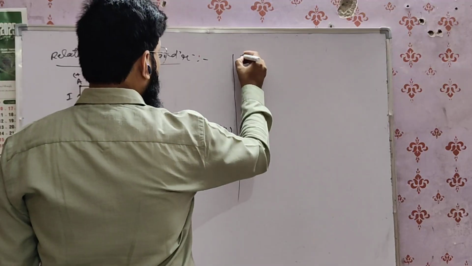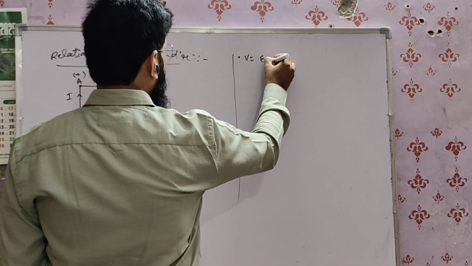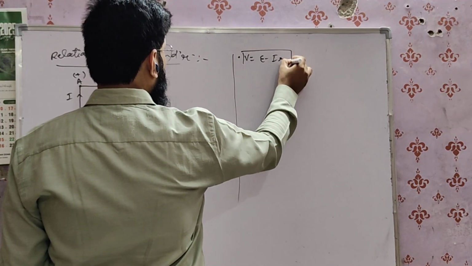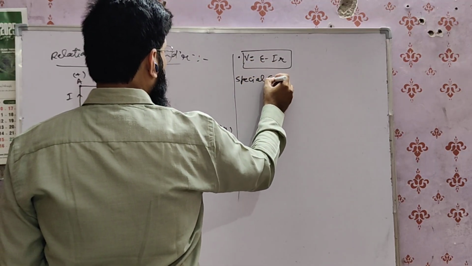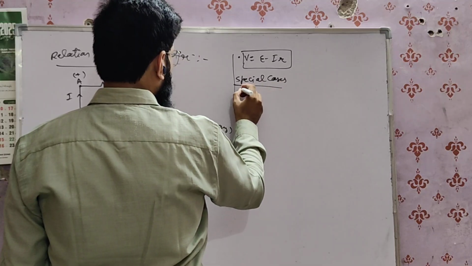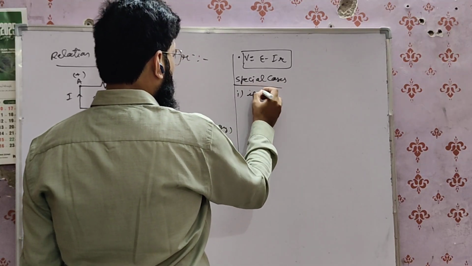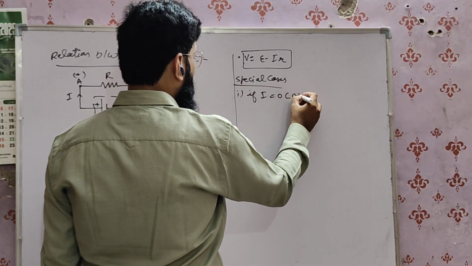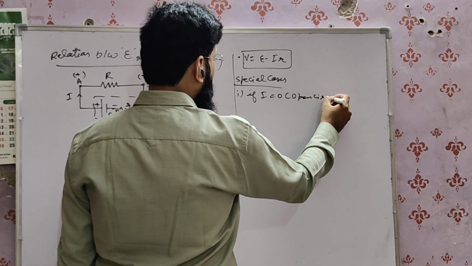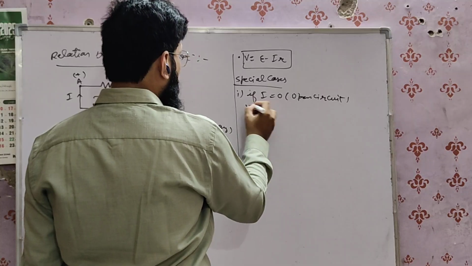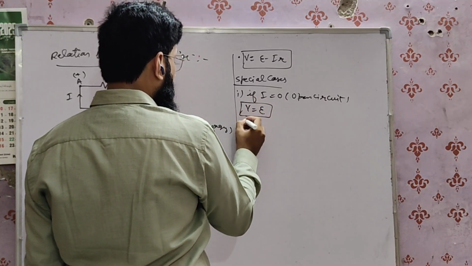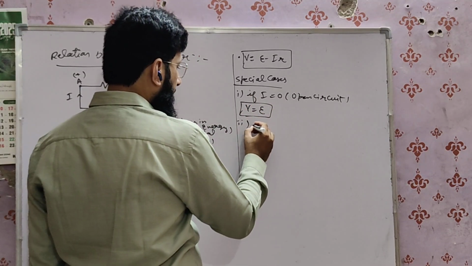We have got a formula: V is equal to E minus Ir. Okay, now we have special cases. And what are the special cases? The first case, if current is equal to 0, that means it is an open circuit. If it is an open circuit, V, the terminal voltage, is directly equal to EMF.